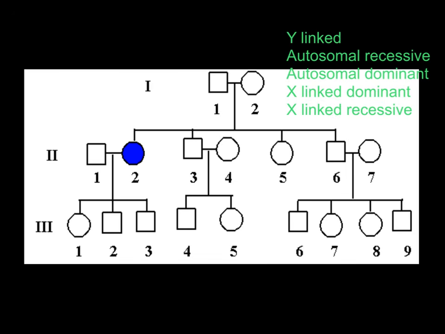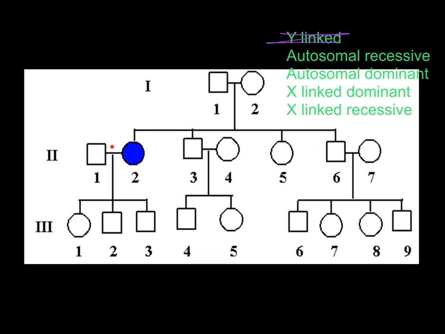Okay, in this next pedigree, what we automatically realize is that the one person in this pedigree who's affected is a female, so we can start off by eliminating Y-linked as a possible mode of inheritance for this pedigree. Now, we are also seeing, again, that skipping of generations of the affected trait.